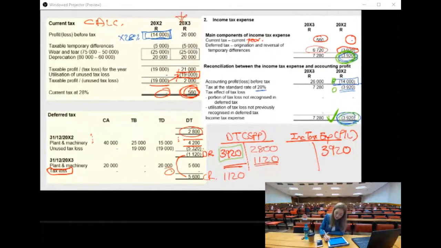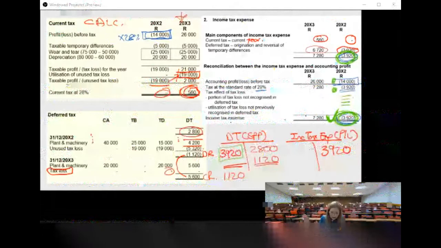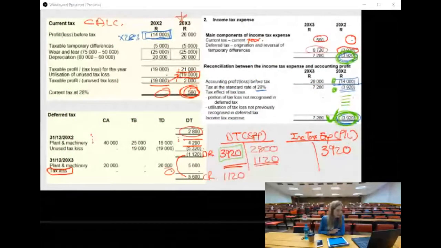So when you do your reconciliation, you take your accounting profit, multiply by 28%, put it in here, but then you show that you know that your reconciliation should be reconciling to this total. And you are going to get a mark for that. Even if you do put in reconciling items and it does not add up to that total, it doesn't matter. I want to see that you at least know that the total of this reconciliation should agree to your total income tax expense. Okay, so remember that for tests.